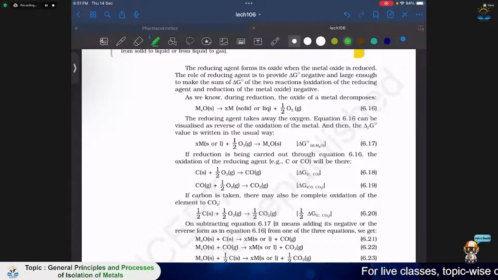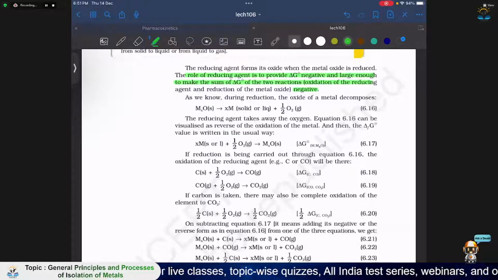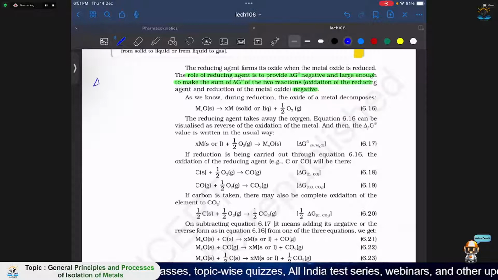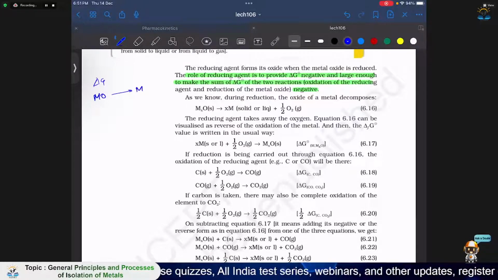the reducing agent forms its oxide when the metal oxide is reduced. Now, the role of the reducing agent is to provide a negative delta G large enough to make the sum of delta G of the two reactions negative. What is usually seen is that the delta G of metal oxide converting itself into metal is usually positive or very less negative.